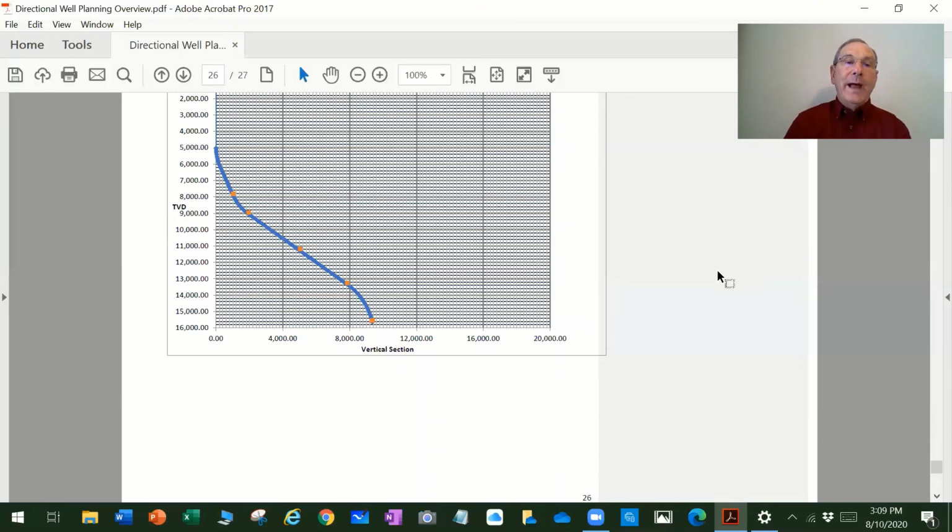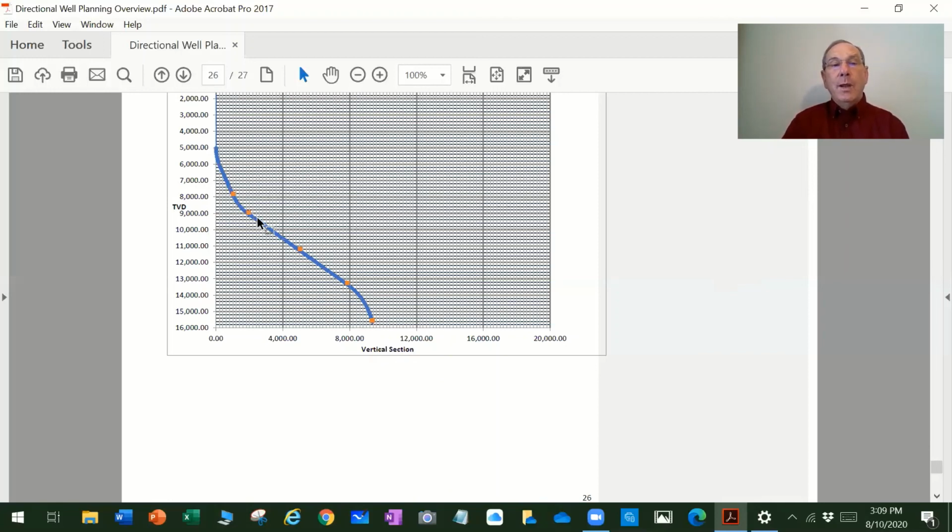So we have 5 targets on our directional plan here, and we have kicked our well off at 5,000 feet. We build up to 24 degrees. We maintain 24 degrees to target number 1. Then we build at 2 degrees per 100 feet to 54 degrees at target number 2.